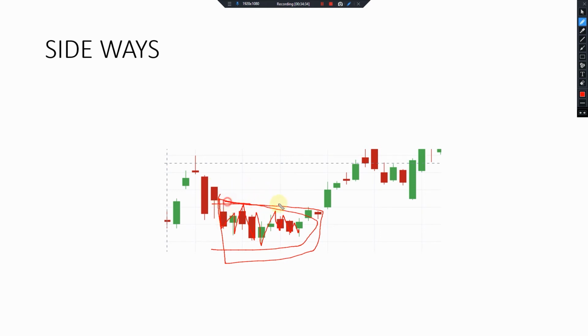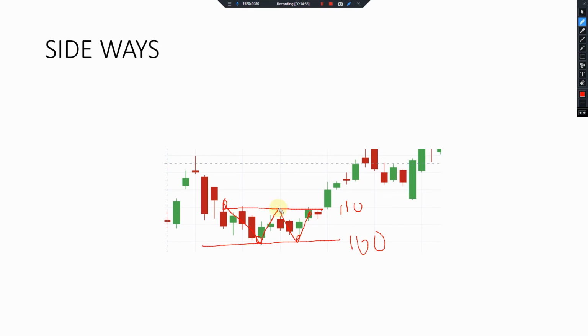Prices stayed in the same range between 100 and 110. So consider this upside as 110 and this 100. The buyers and sellers were fighting almost equally. Sellers came here, then buyers came here, sellers came here, buyers came here.